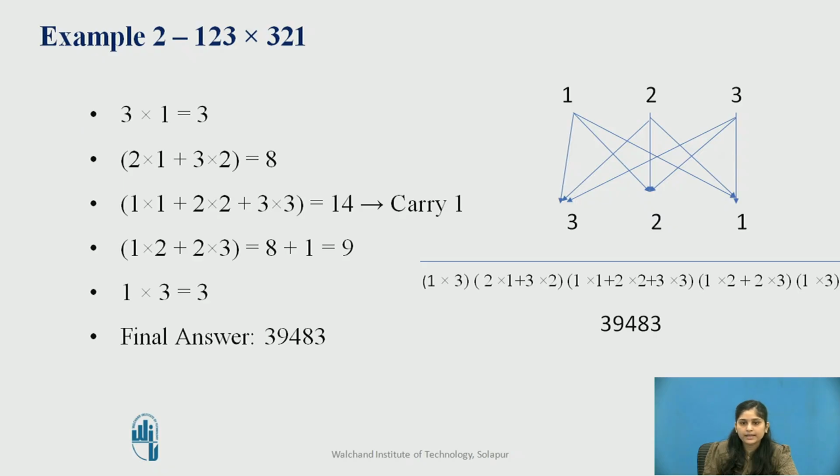So 5 plus 9 is 14, that means 4 and carry 1. Next is 2 into 1 is 2 plus 3 into 2 is 6. So 2 plus 6 is 8 plus that carry 1, that means 9. And the next digit is 1 into 3, which is 3 as it is. So our final answer is 39,483.